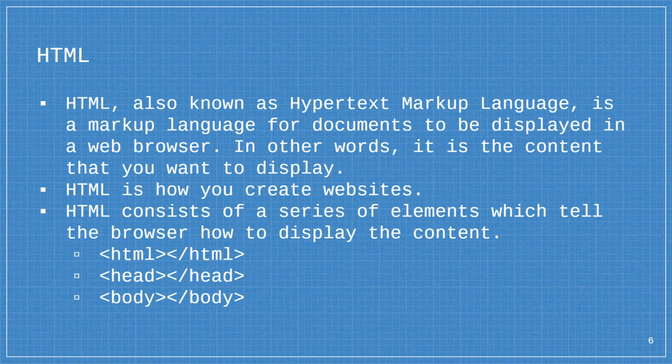HTML is how you create websites. It consists of a series of elements which tell the browser how to display the content. If we look down here, HTML, head, and body are three different types of HTML elements that we're going to cover in more detail later on in this tutorial.